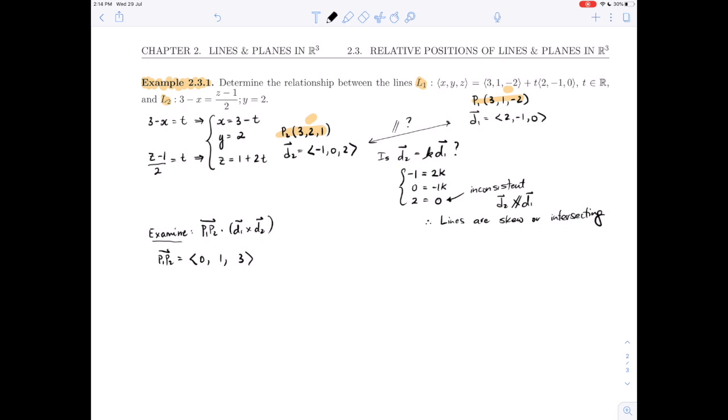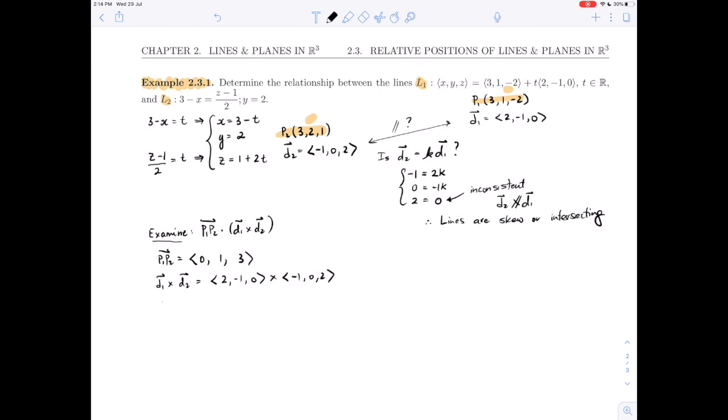And then we're going to calculate d1 crossed with d2. So let's get that written down: (2, -1, 0) crossed with (-1, 0, 2).